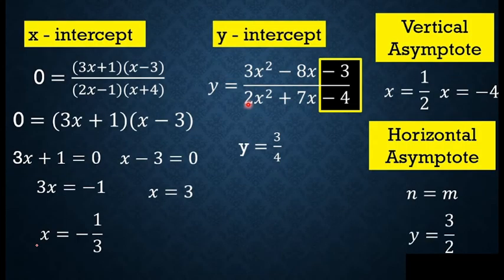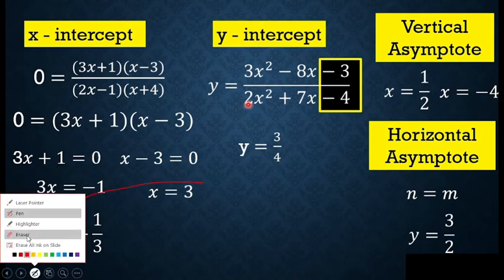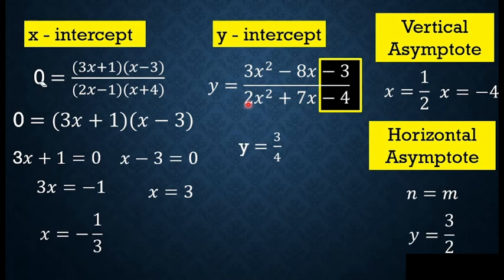Next. For the x-intercept, we equate the function of x to 0. So 3x plus 1, x minus 3 over 2x minus 1, x plus 4. Just cross multiply, so the 0 is here. 3x plus 1 equals 0, and x minus 3 equals 0.